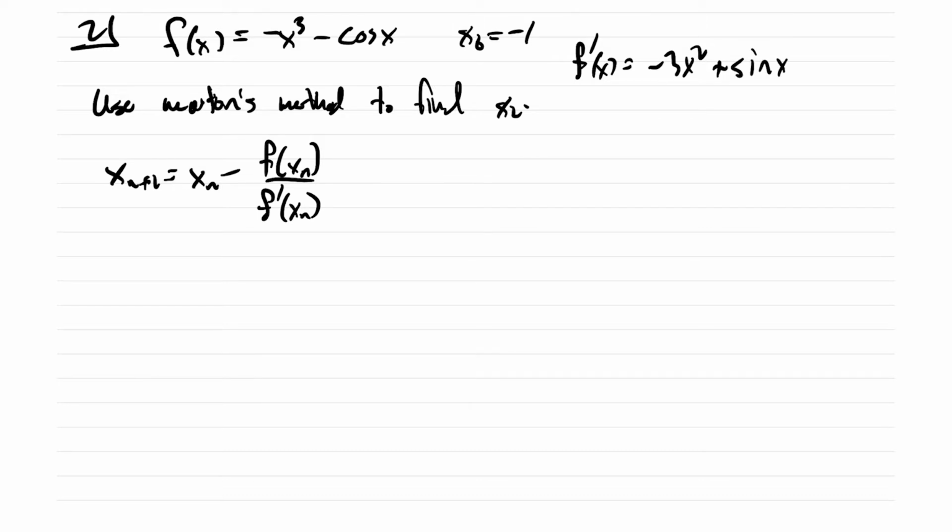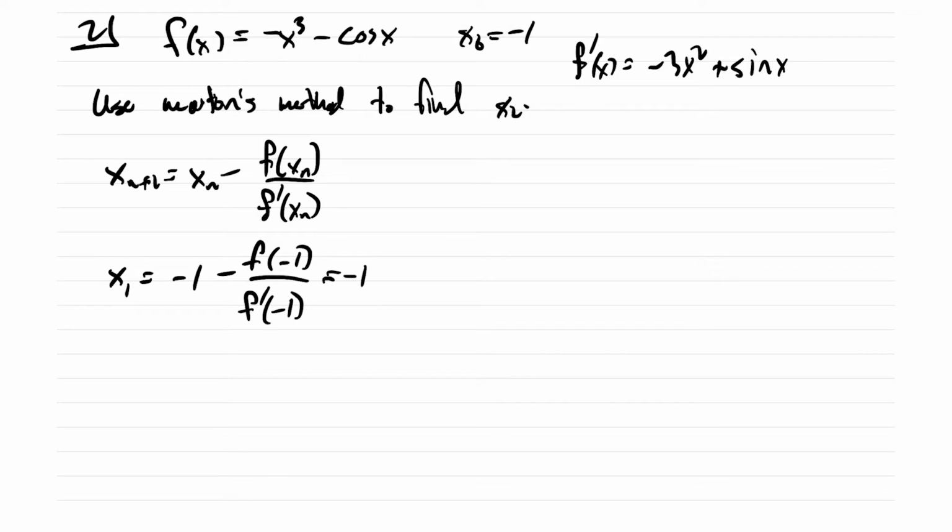Okay, so this is actually one that you can't really do by hand, and yeah, you can go ahead and try. For instance, if we start with x0 equal to negative 1, we're going to have x1 equal to negative 1 minus f at negative 1 divided by f prime at negative 1.